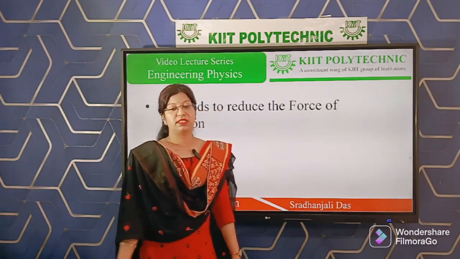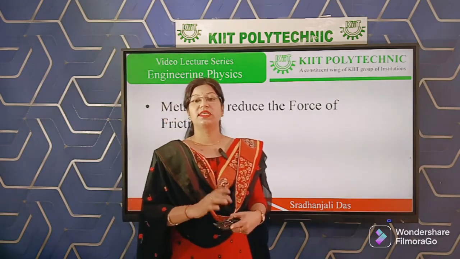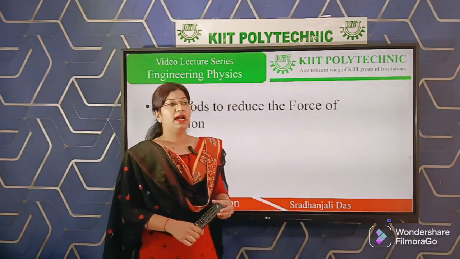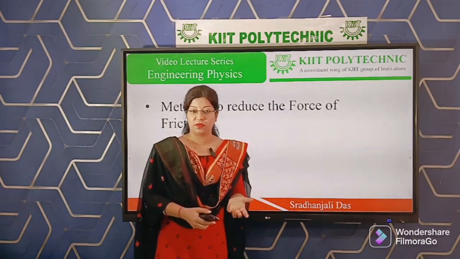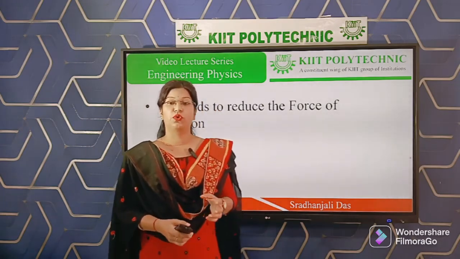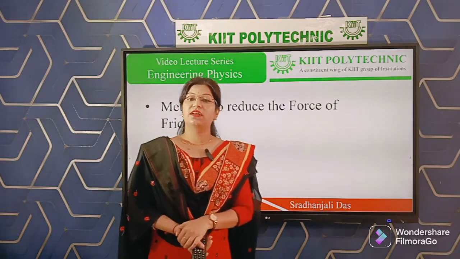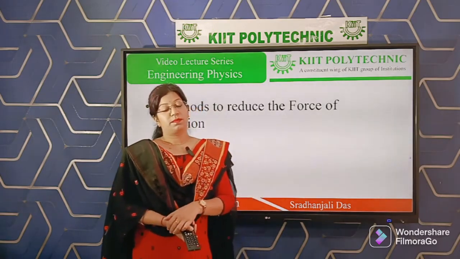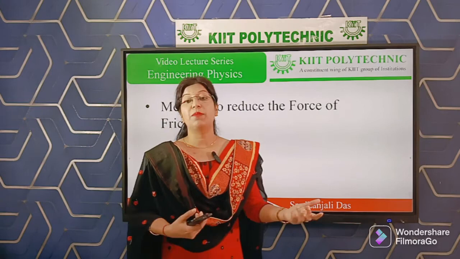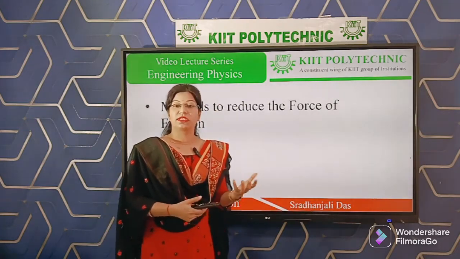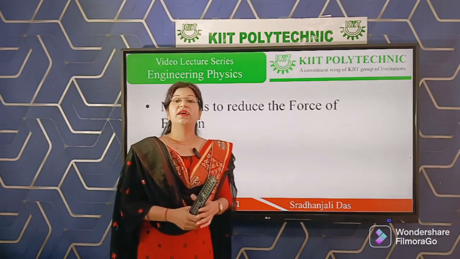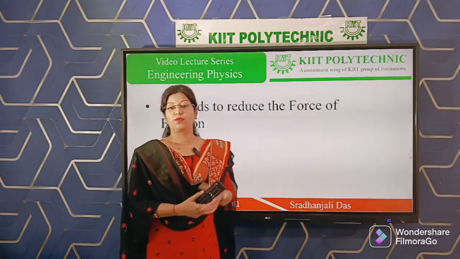The first method is rubbing or polishing the surfaces. Using lubricants, that means oil and grease, is another method. Another is decreasing the area of contact, and by streamlining. We just discussed these 4 points.